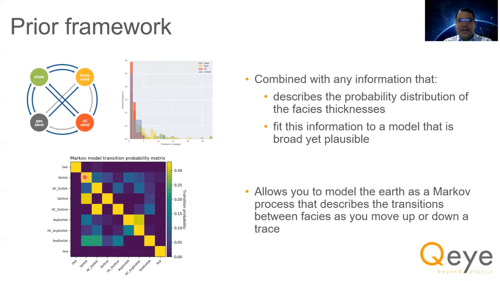That's a kind of information that, for example, is very hard to integrate into a deterministic inversion. But here in a probabilistic inversion it is very straightforward to include, and is also very important to basically constrain the solution space of our inversion problem.